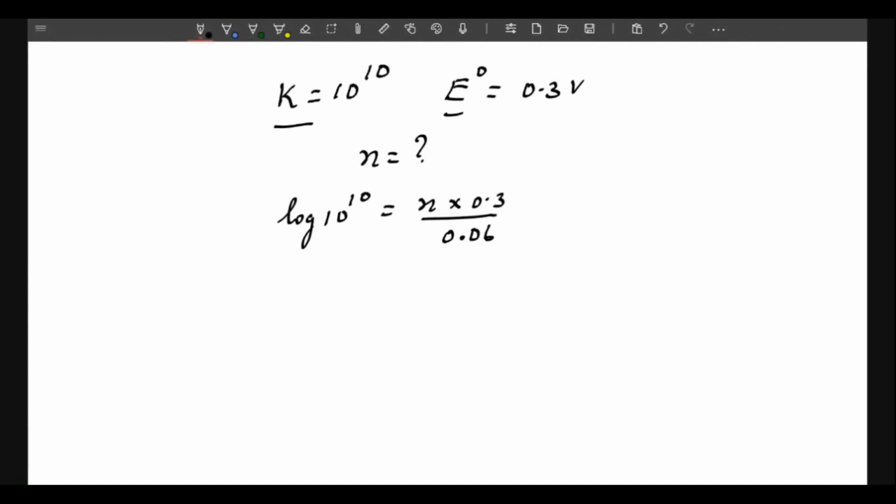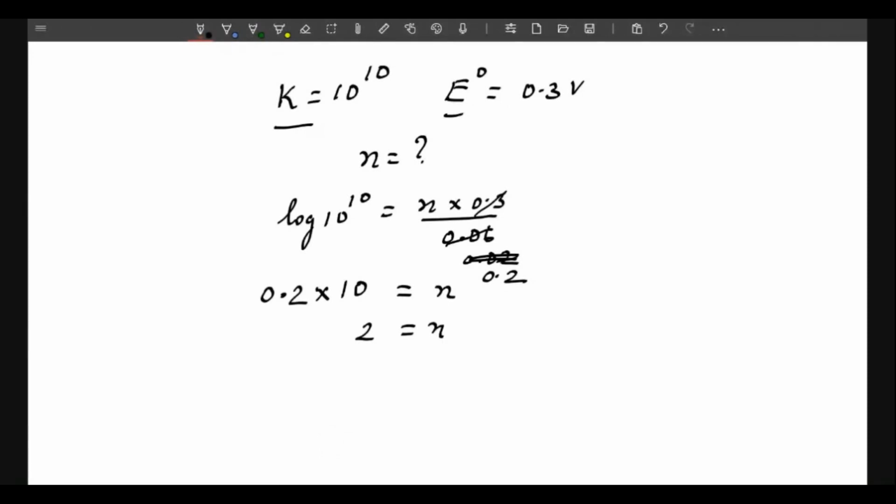Log 10 power 10 is equal to 10, and this can be cancelled with 0.3 over 0.06, which is 5. Therefore, n is equal to 10 into 0.2, which is equal to 2. The number of electrons involved in the process is equal to 2.